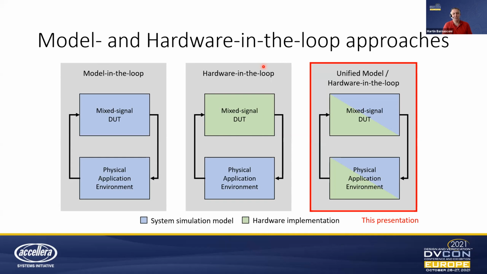It's already getting more challenging if you want to combine hardware implementations of your DUT together with simulation models, the traditional hardware in the loop, which is well exercised in the automotive domain. And in this picture, we show that the DUT is a hardware implementation, but it can also be the other way around, that the application environment is hardware and the DUT is a software model.